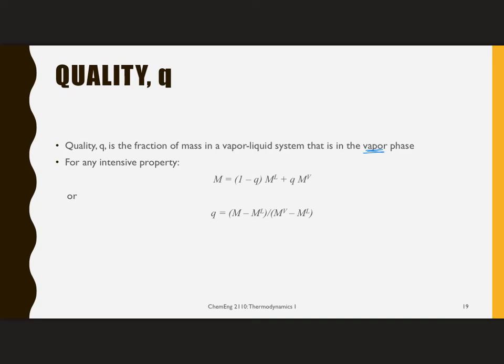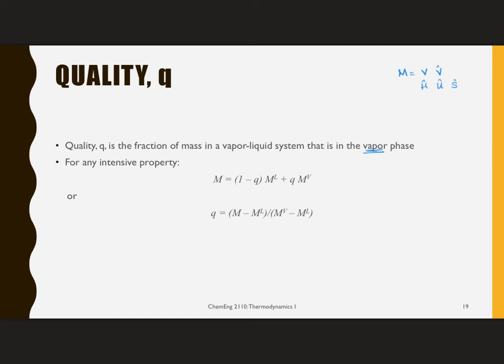So if you do this for any particular instance or property, if q is vapor, 1 minus q is therefore liquid, right? And if I do this for any property, and they use M to designate a property, now M might represent the volume, or the specific volume, or the enthalpy, or the internal energy, or the entropy, any number of these variables.